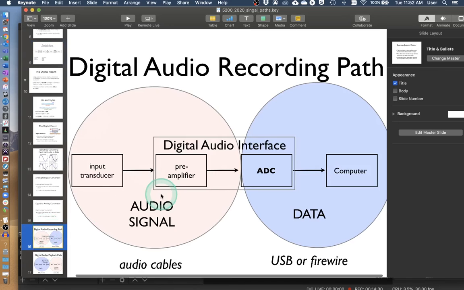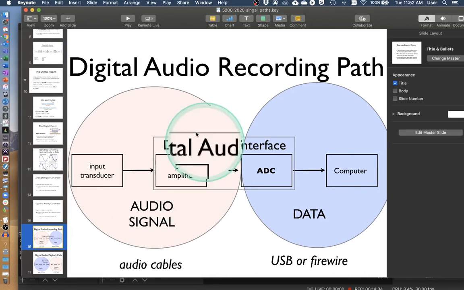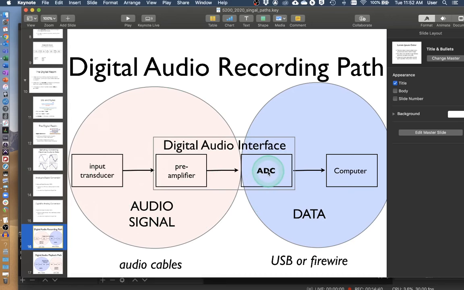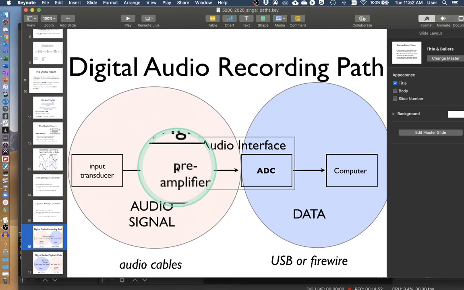Digital audio recording involves an input transducer and a preamp as before. Those are all analog. But there is a point at which your computer must convert from analog to digital for it to be sent to a computer. So I also ask them to learn and memorize this flowchart as well. We have an input transducer, a microphone that is connected to a preamp.